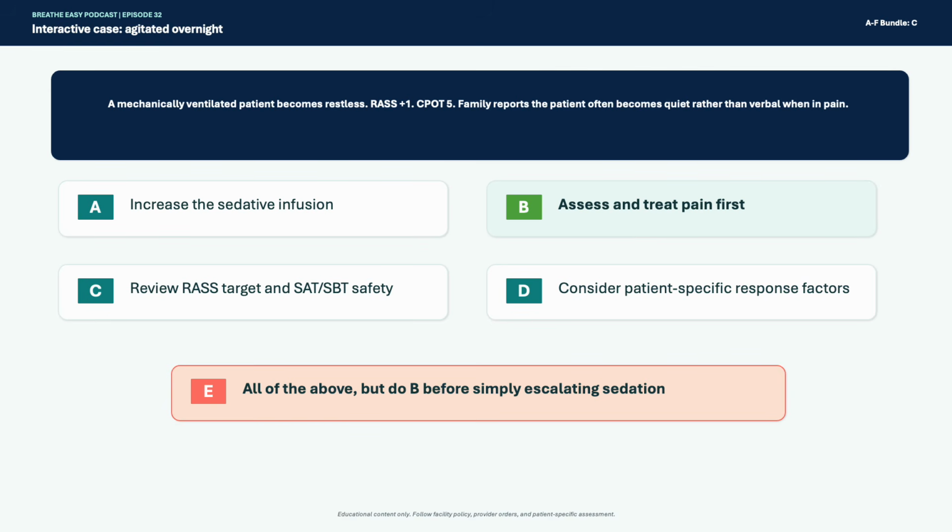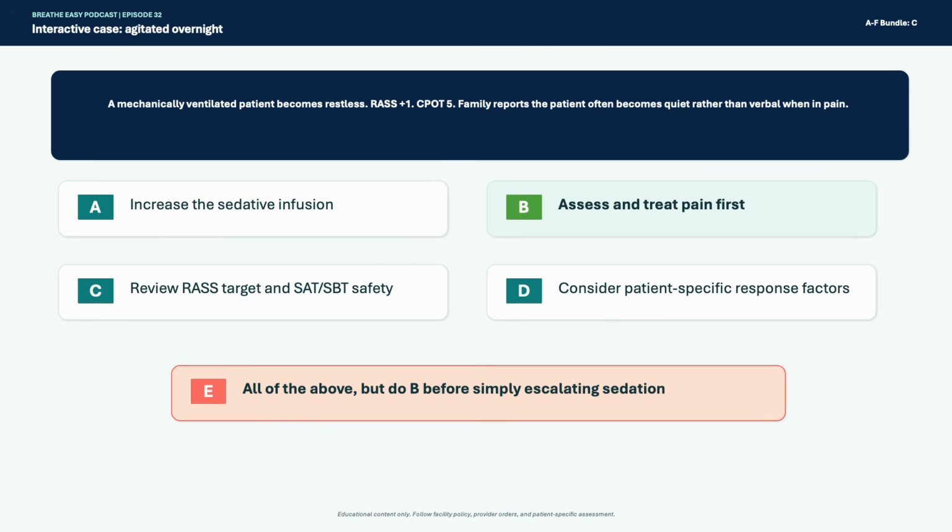Let's put it together. Middle of the night, a ventilated patient becomes restless, slightly agitated on RASS, with a CPOT of 5, and the family tells you this patient goes quiet rather than verbal when in pain. Do you increase the sedation, assess and treat the pain first, review the RASS target, consider patient-specific factors?